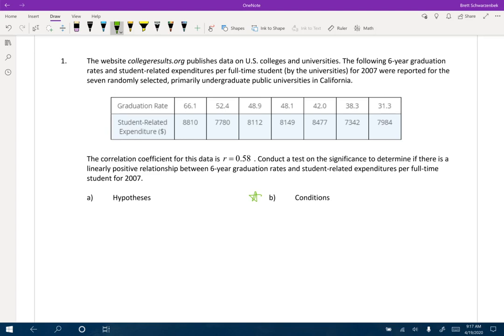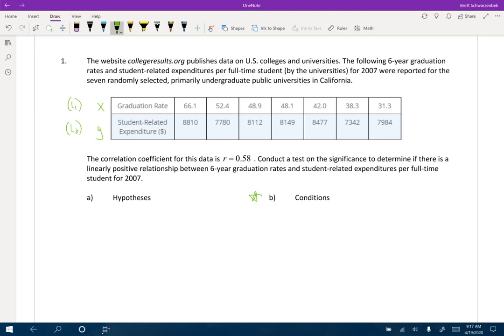Well, in this case, they don't. So what makes more sense? Well, it makes more sense to me that your expenditure is going to rely on the graduation rate. So in this case, we're going to deal with x and y, which means, again, when we end up doing some work here, L1 and L2 it would be.